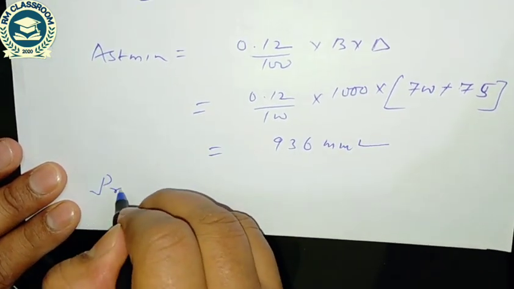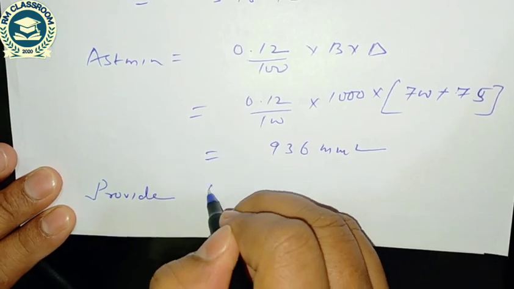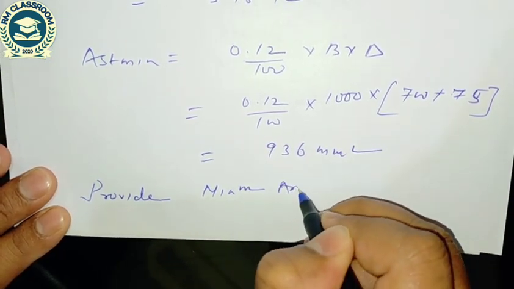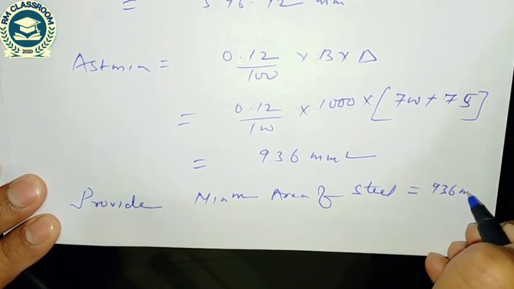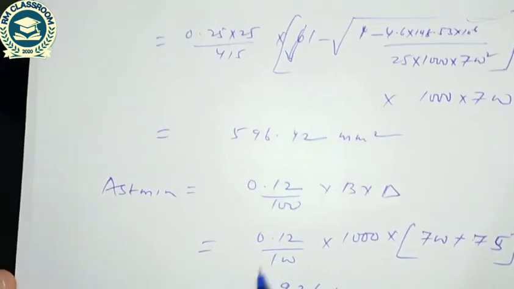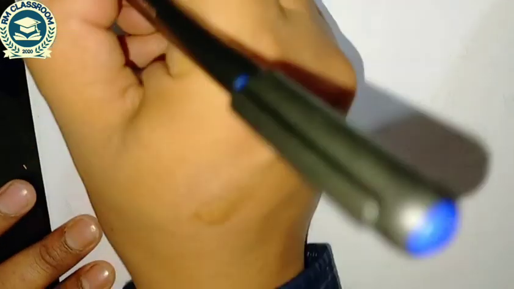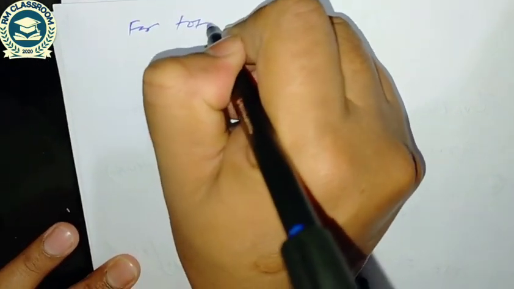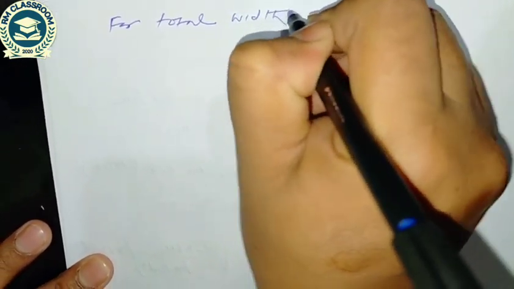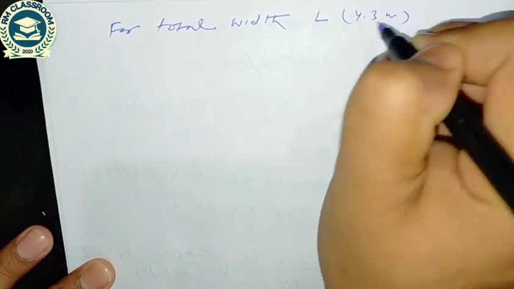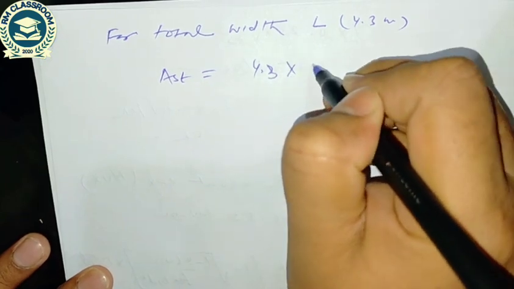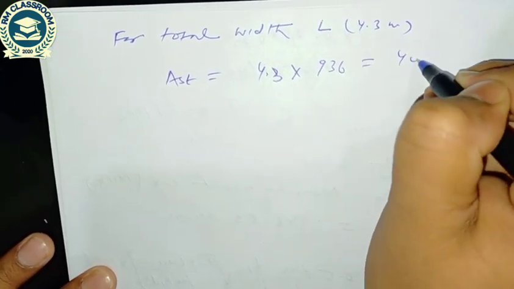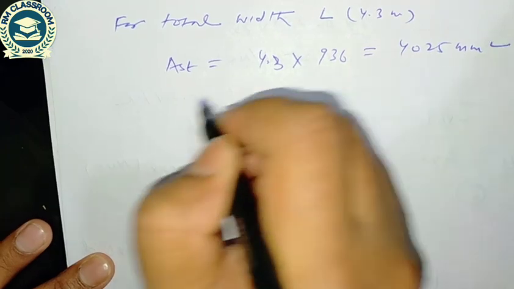So provide minimum area of steel, that is 936 mm square, because our area of steel is less than minimum area of steel, so it is not okay. So for total width L 4.3 meter, area of steel is 4.3 into 936, so it is coming 4025 mm square.